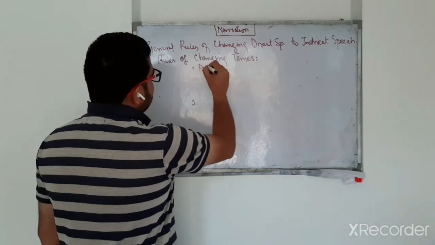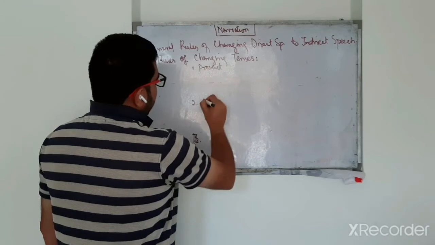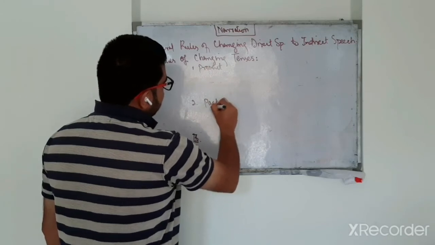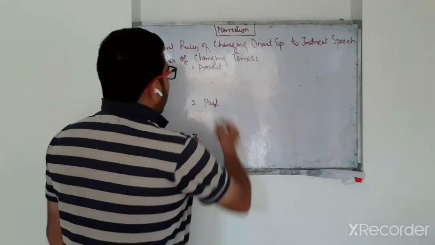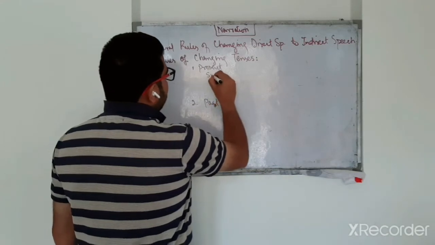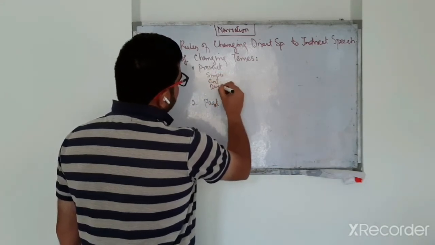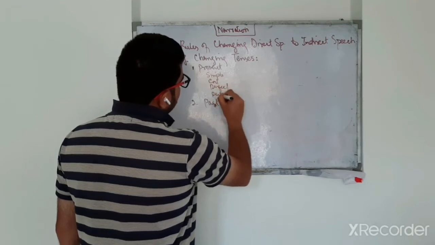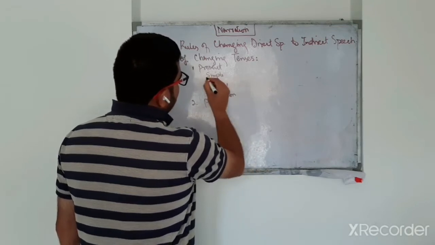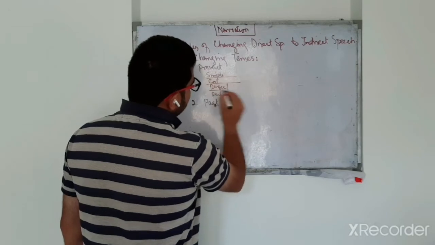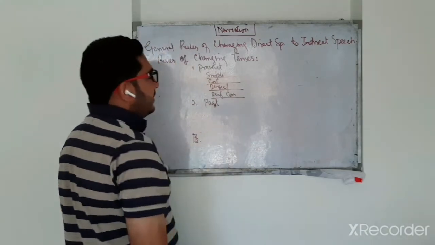We have present and past. First we have present simple, present continuous, present perfect, and present perfect continuous.